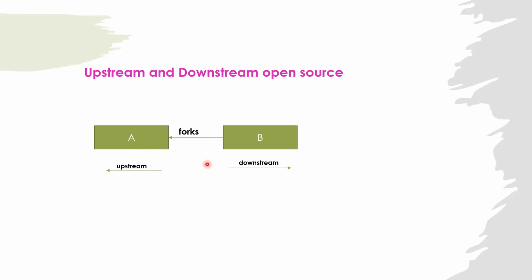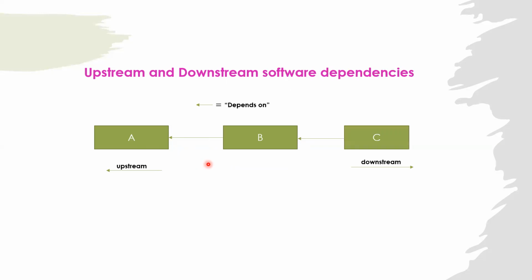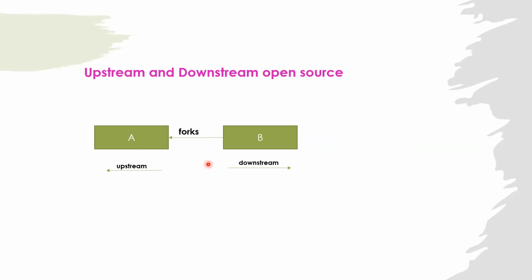It's very similar to the component dependency we discussed, like A and B and C. Consider projects A and B, where A is the original project and B is a fork of A. Here A is upstream and B is downstream because B was imported from A.